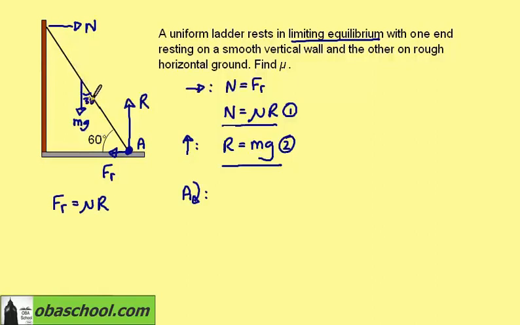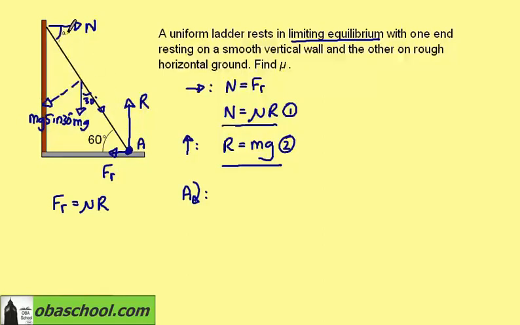This angle here would be 30, and so if we resolve mg, we get mg times the sine of 30 in this direction, and of course there is a component down here, but it acts directly towards A, so has no turning effect.